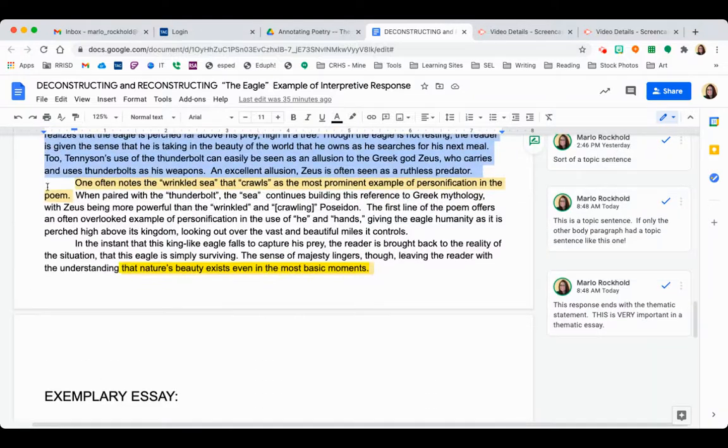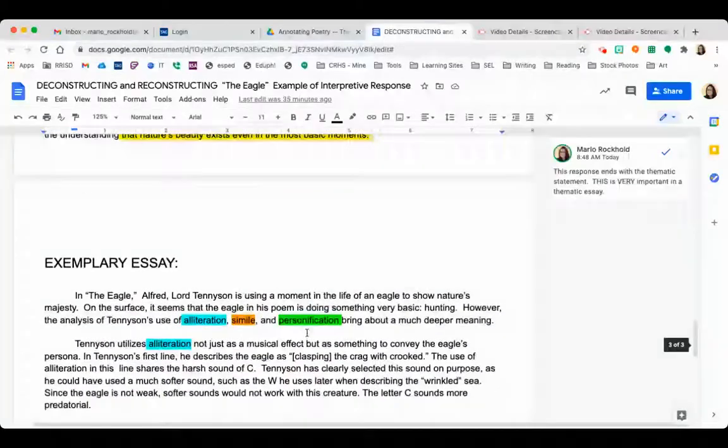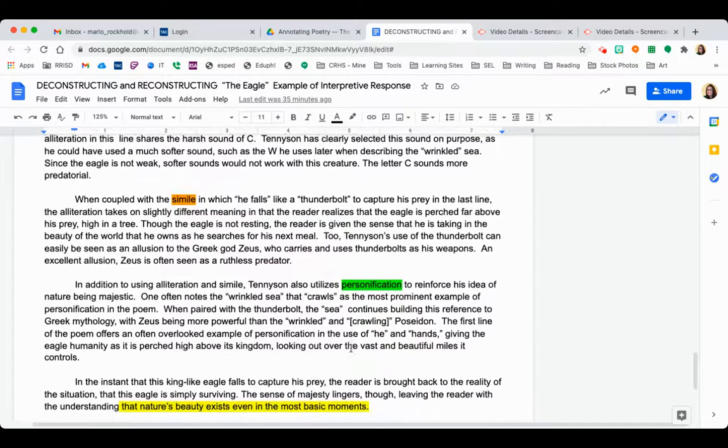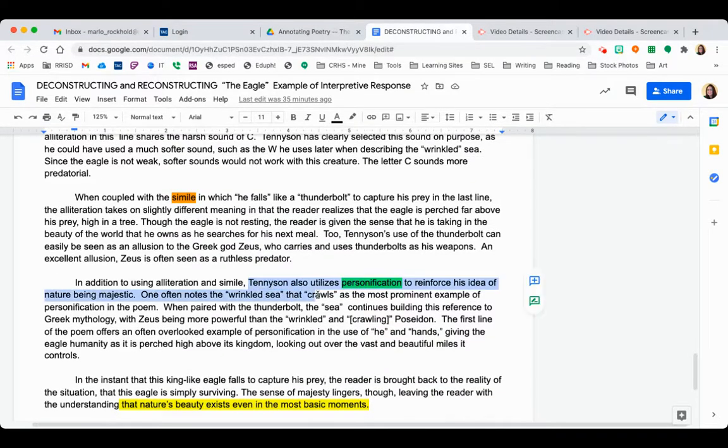In the other one, I just jumped in with the conversation about personification. There's nothing wrong with that, but I wanted to make it better by providing a transition from the other two body paragraphs to the conversation about personification. And I did that just by saying that, in addition to using alliteration and simile. And then I jump into the conversation, and honestly, I didn't change much of this either.